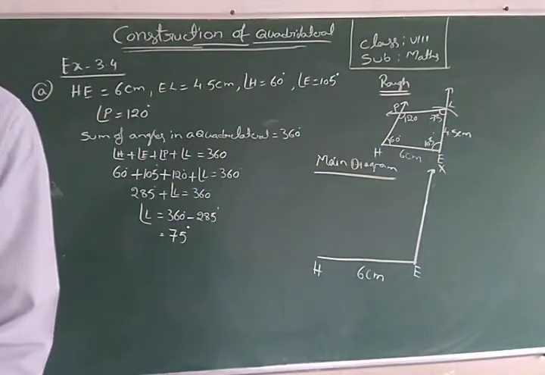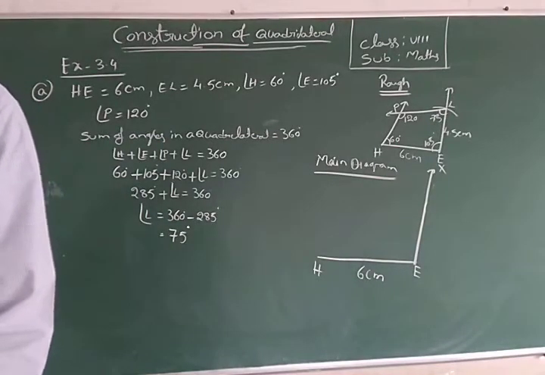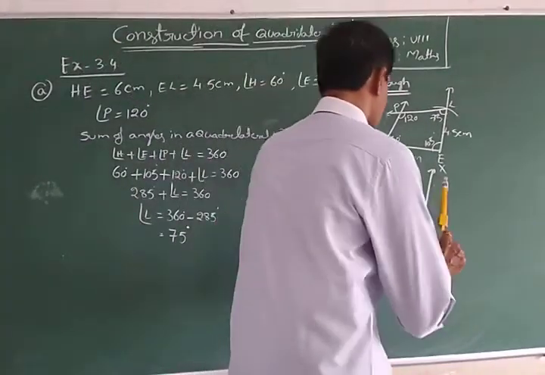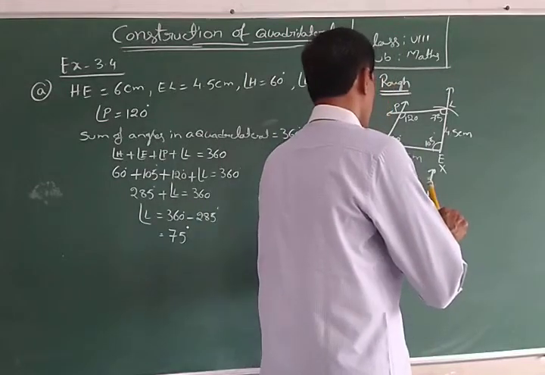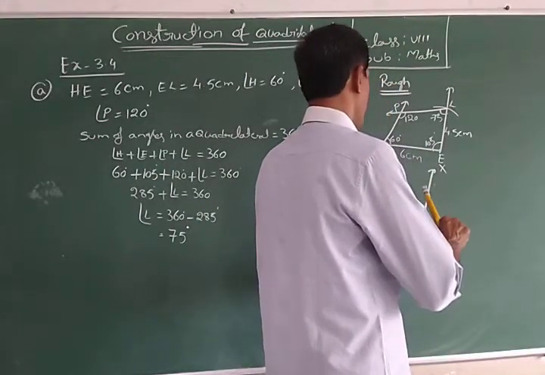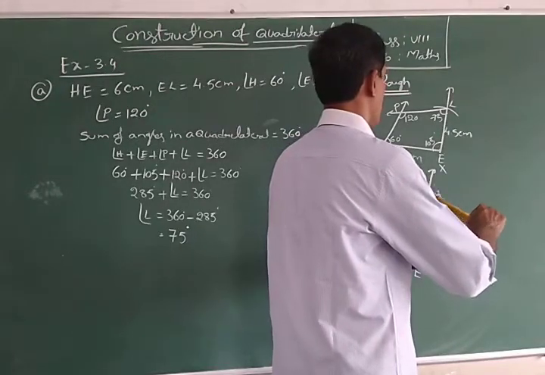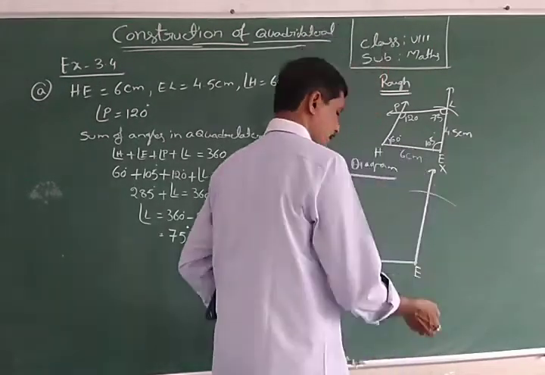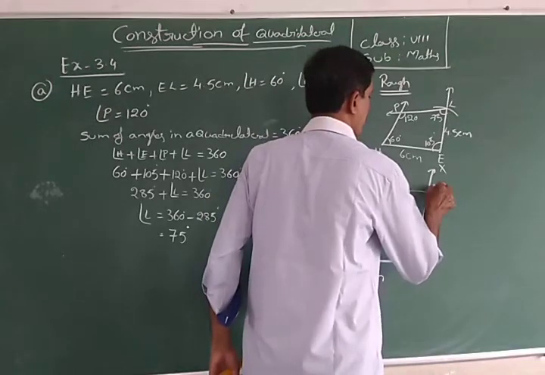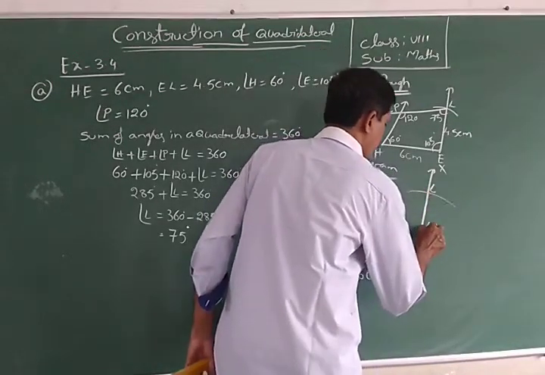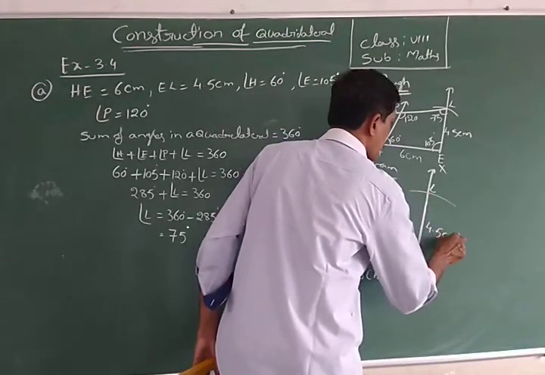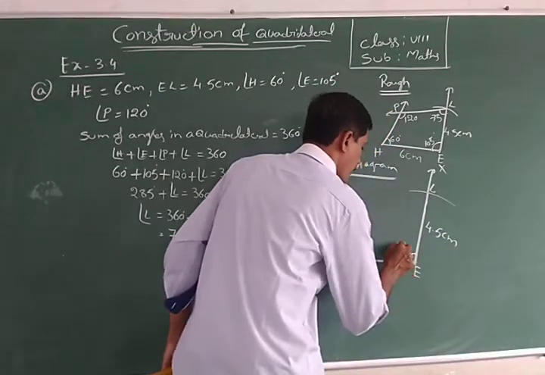By using the scale and compass, take E as the center. Draw the arc with 4.5 centimeters. The point is L. That is 4.5 centimeters. Therefore, here is 105 degrees.